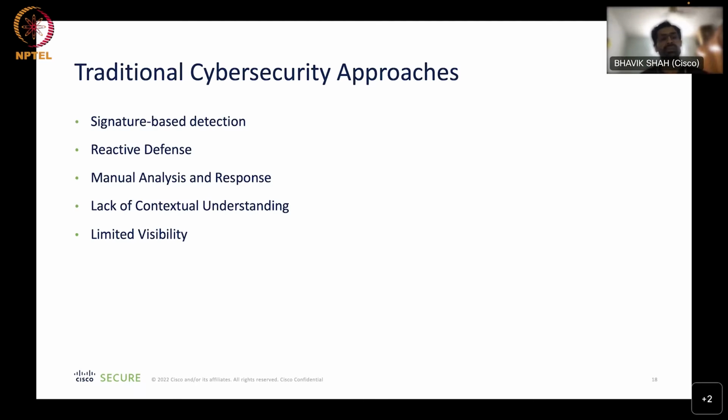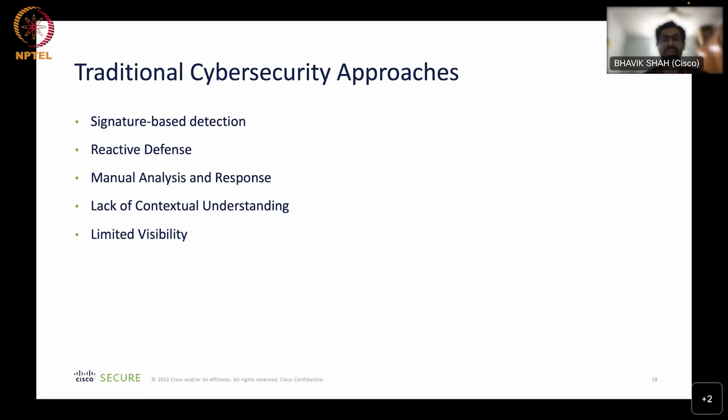With a reactive defense, the terrorist enters your territory, crosses your border, and reaches the destination where they want to create an attack, and that's where you block them. You realize the terrorists have entered your territory, and now you refine your defense mechanism to make the impact as minimal as possible. So that is another problem, reactive defense.